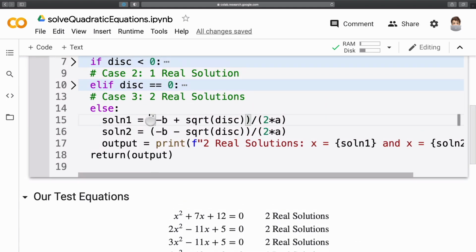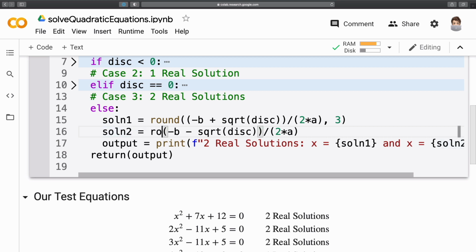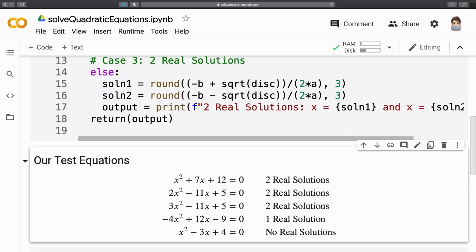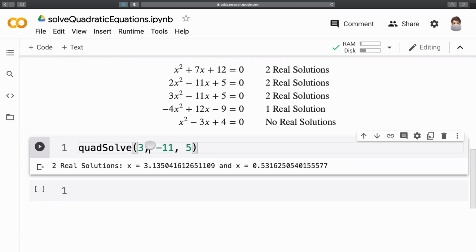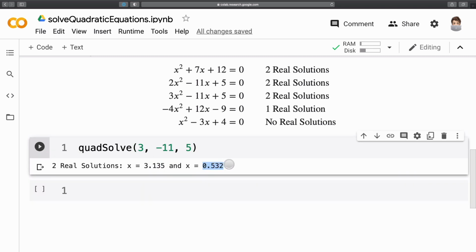So we are going to round the value of these solutions. And I'm going to round them to 3 decimal places to the right of the decimal place. And this is a built-in function to Python, and we will see now when we run this, we will get two solutions that have 3 decimal places to the right of the decimal.